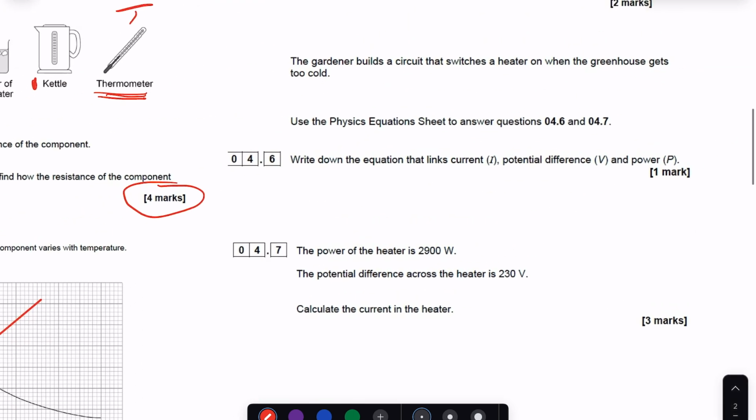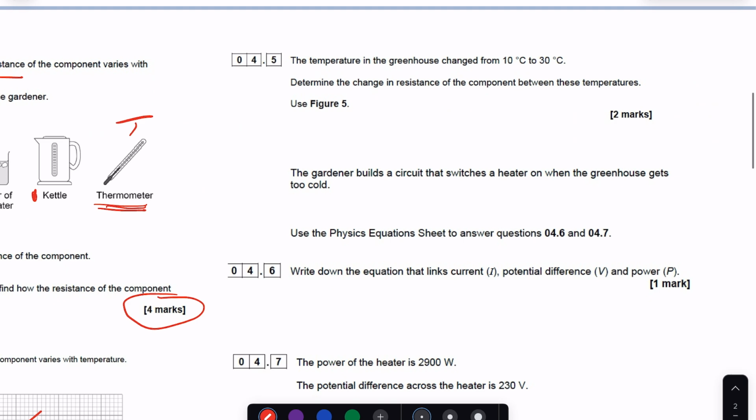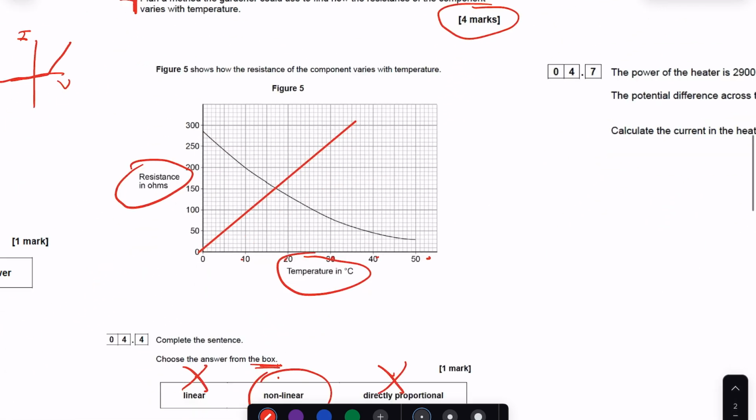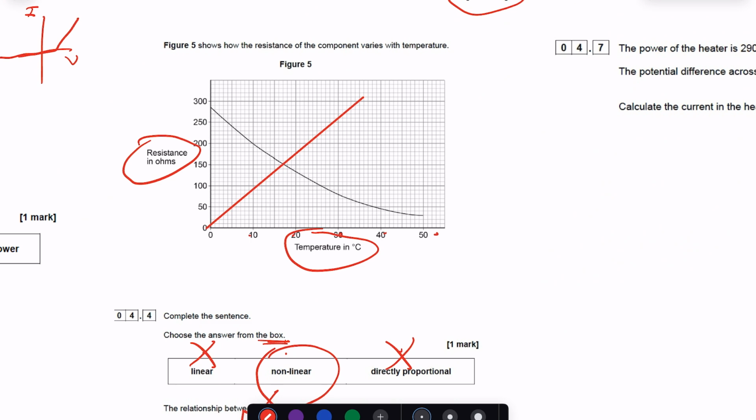Okay. Question 4.5. The temperature of the greenhouse changed from 10 to 30. Determine the change in resistance between these two temperatures. So I'm looking at the graph. I'm going to get rid of the little marks I put on here because they're going to get in my way. But it goes from 10 to 30. So I am going to put some new marks on here.